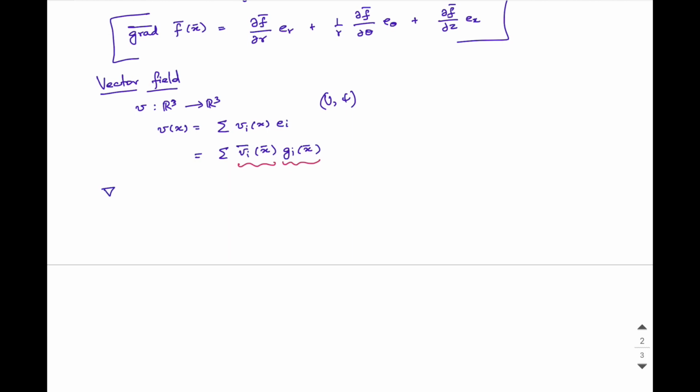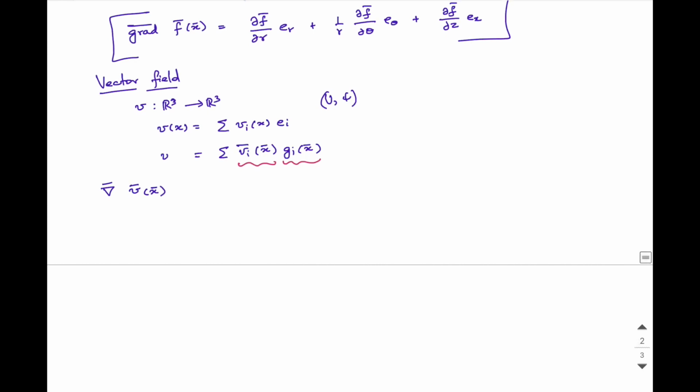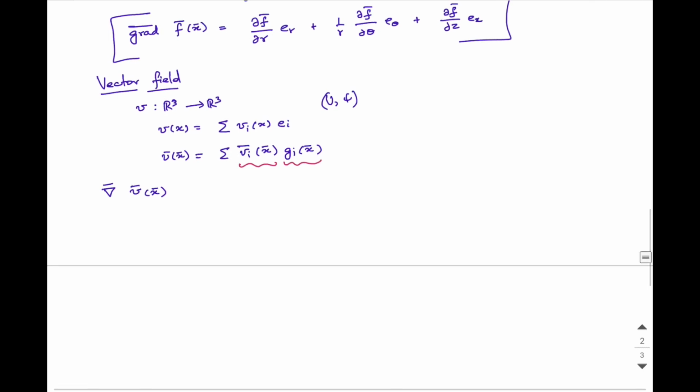So let's compute the covariant derivative of v. So I'm going to write v bar of x bar, in the direction h.